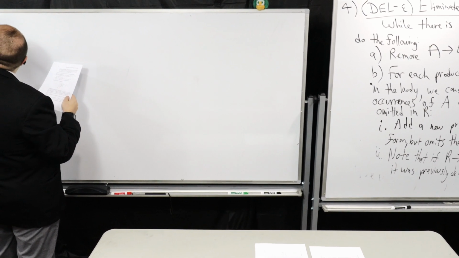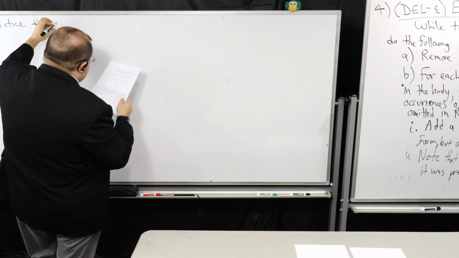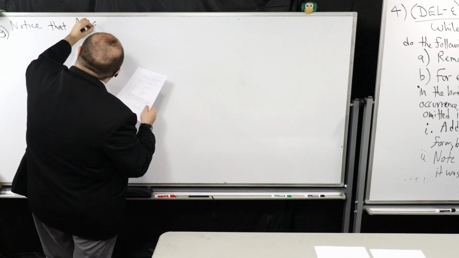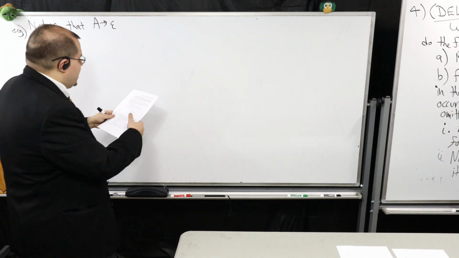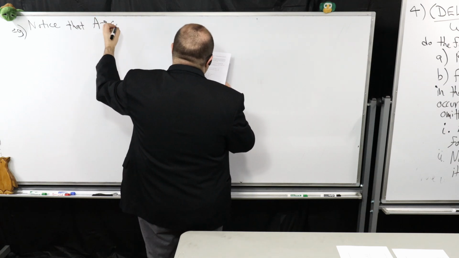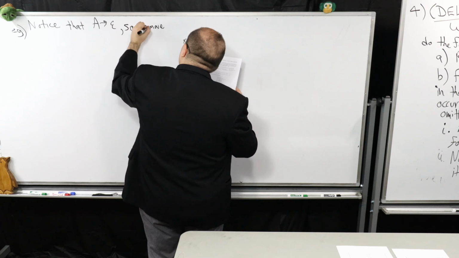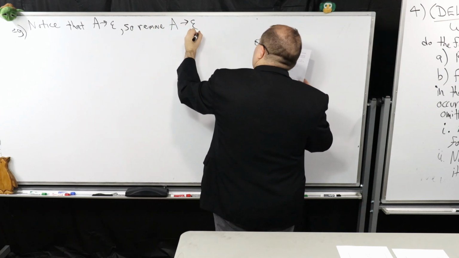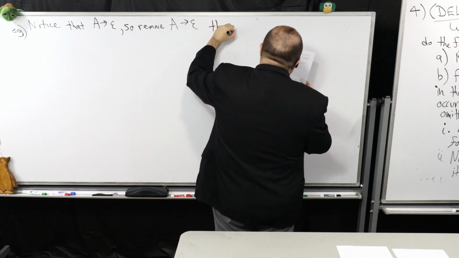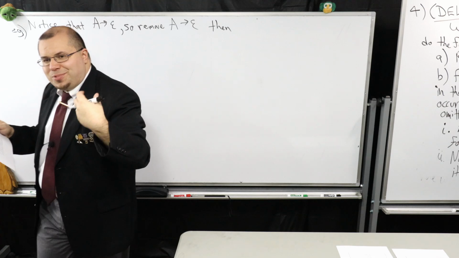So back to our example. Notice that A produces epsilon. That's the only example we have in our entire context-free grammar so far. So we're going to remove A produces epsilon. Then now we have to look at everywhere where A appears.